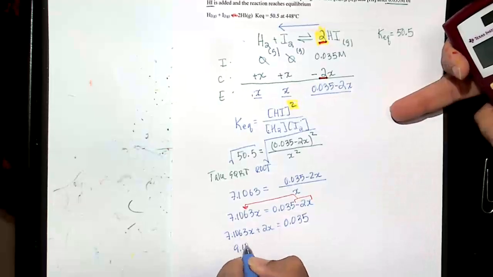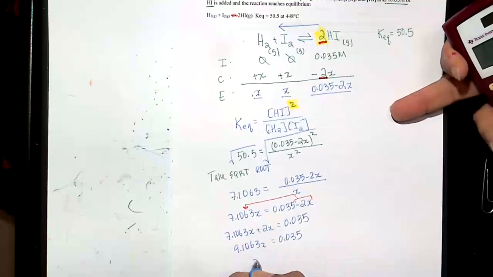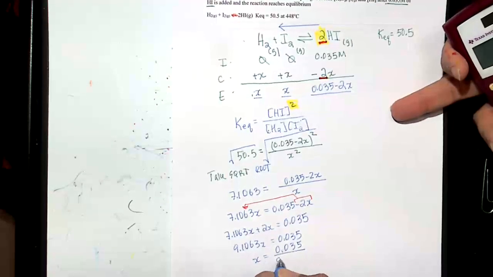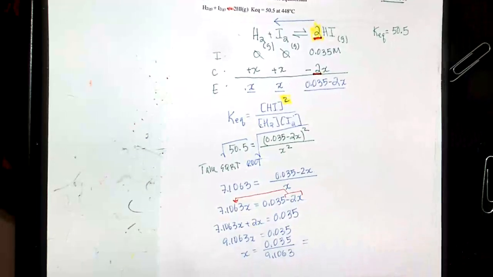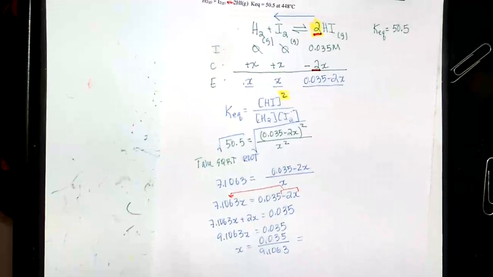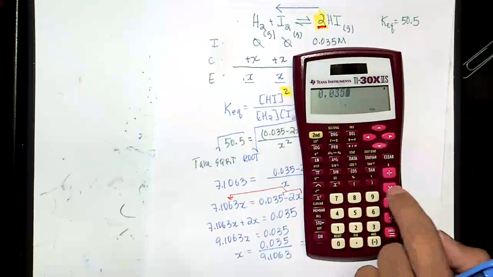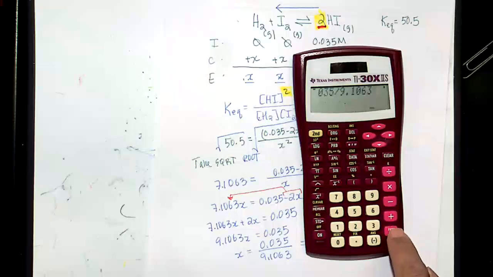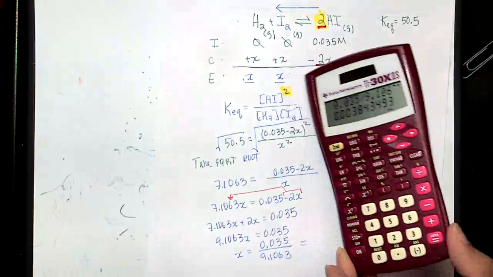So this becomes 9.1063x is equal to 0.035, and I think we can solve for x here. 0.035 divided by 9.1063. And what is this on our calculator? 0.00384 M.